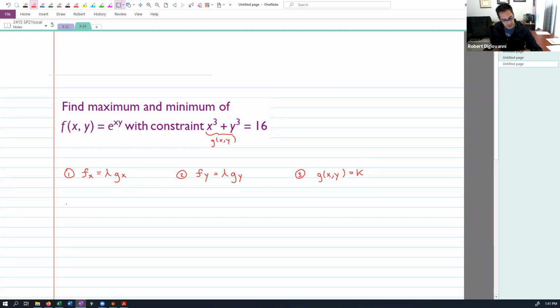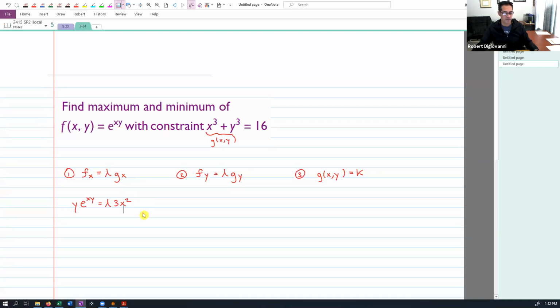Now, the first equation, let's do this. The derivative of f with respect to x should be y e to the xy equals lambda times the partial of g with respect to x, which is 3x squared. I hope everyone's comfortable with y e to the xy as being the derivative of e to the xy, derivative with respect to x, I should say.